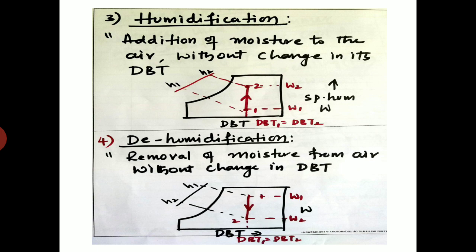Due to that temperature, liquid droplets or vapor bubbles try to enter the atmospheric air, so moisture is added to the air. When moisture is added to the air, automatically the temperature goes on increasing. That's why we feel very humid, or the sweating will be more. That is exactly what humidification is.